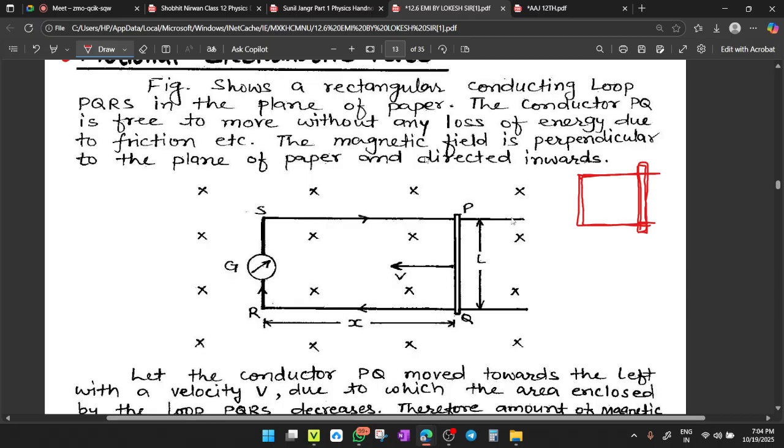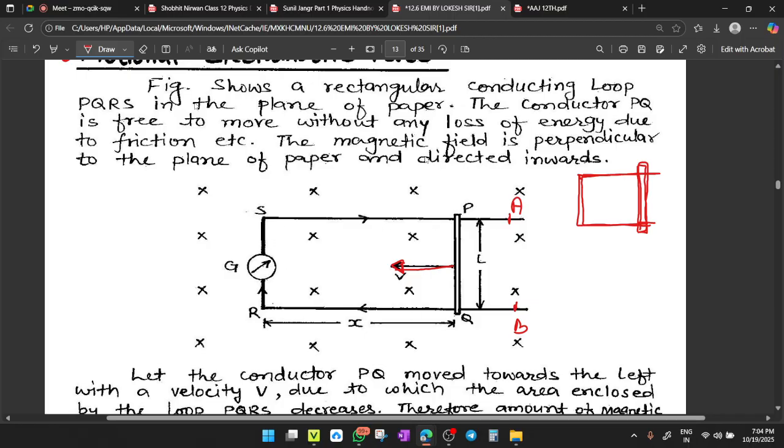PQRS is the area of the loop, and you can slide this branch over the lengths AS and BR.